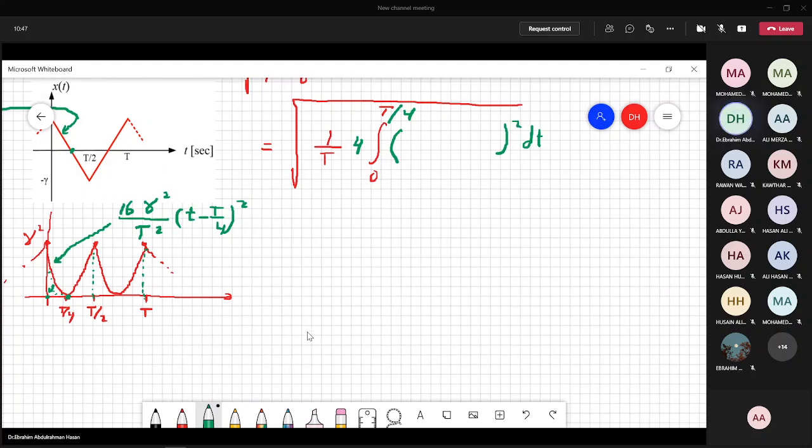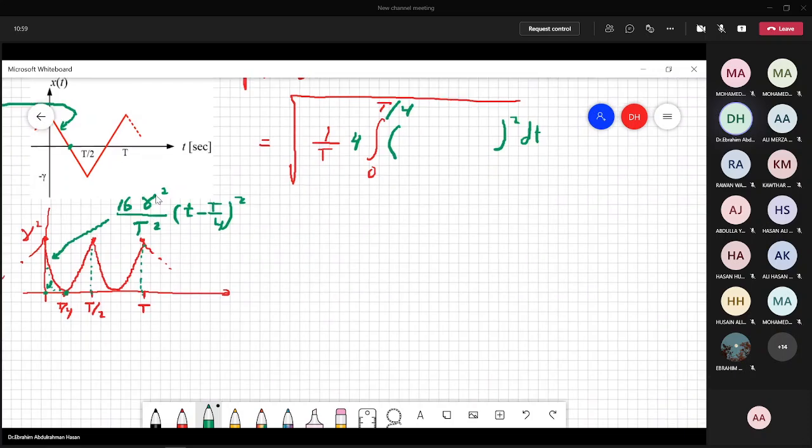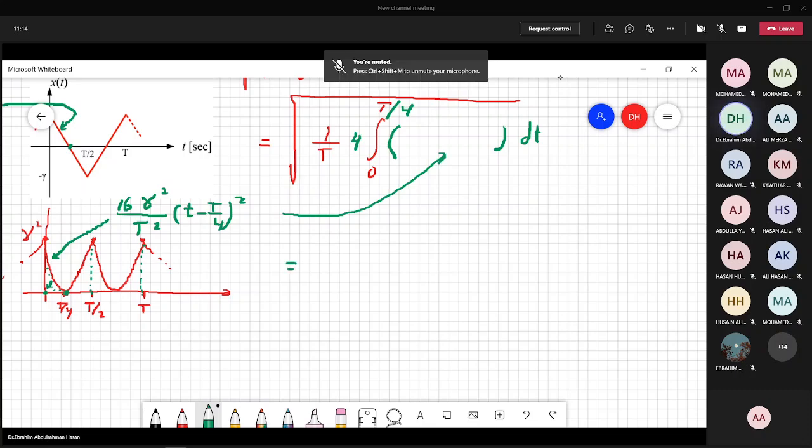Just put all these here. Notice here now 16, gamma is also constant, T is also constant, so all these you can take outside. Then it is equal to the integration of.